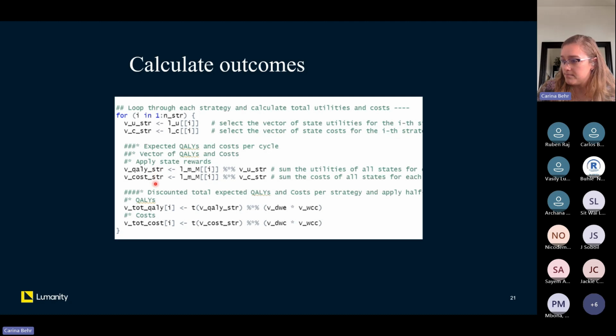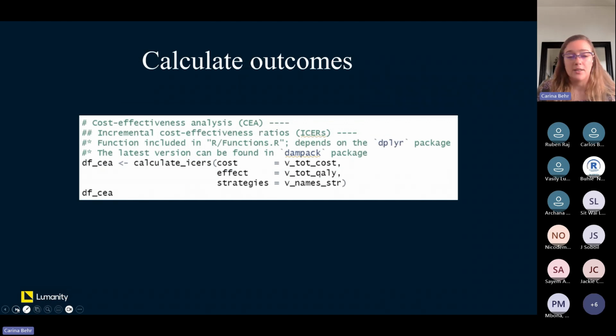And then the sum over all time points is calculated for all the states, for QALYs and for costs, which then gives you your total costs and QALYs. It is also useful, as you saw everywhere, that there are comments with an explanation of what is being done. So if you're unsure, it really helps to read that.